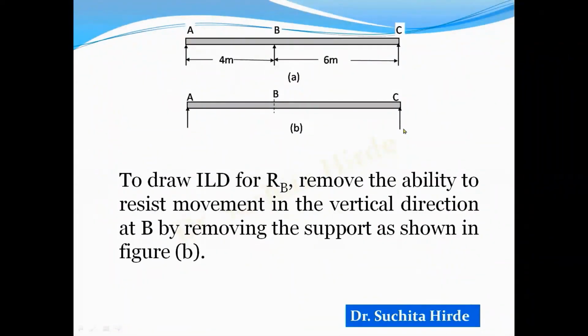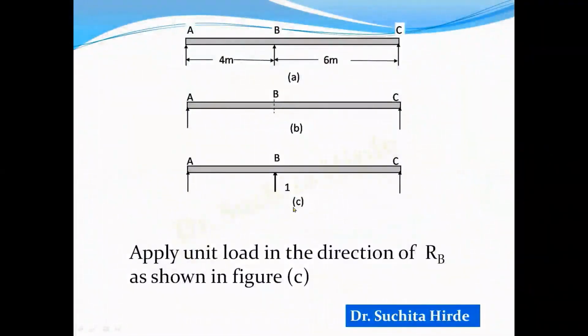It is just like a simply supported beam. After that, what do we do? We give unit deformation. Actually, to draw the influence line diagram, we have to give the unit deformation. It means if this deflects like this, we have to make this ordinate 1. But initially, we don't know how much force is required to make the unit deformation.